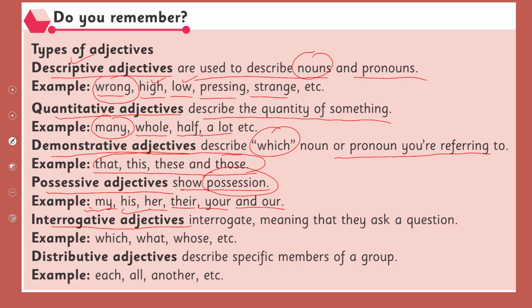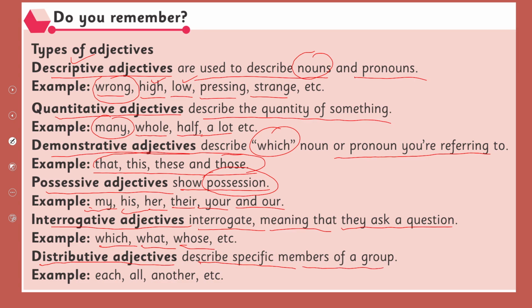Interrogative adjectives interrogate, meaning that they ask a question. We know the interrogative words like which, what, whose, etc. There are so many others. So they are our interrogative adjectives because we are using them to interrogate. They ask a question. Now, distributive adjectives describe specific members of a group.